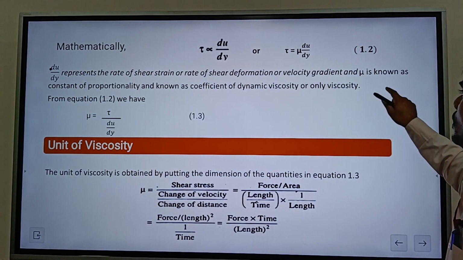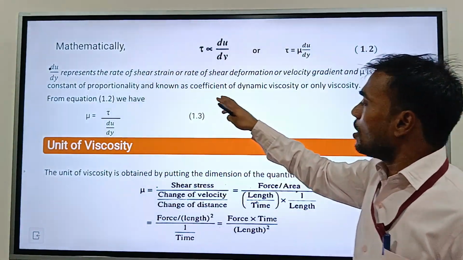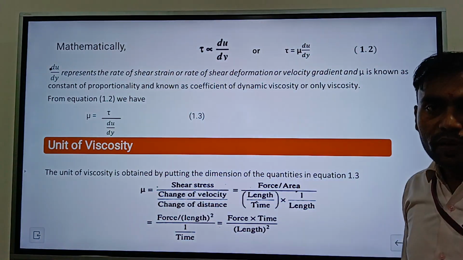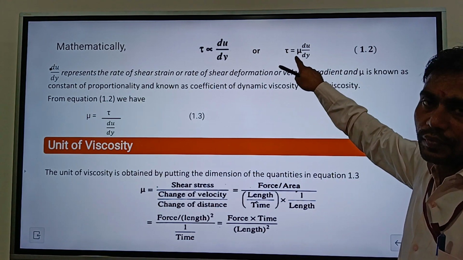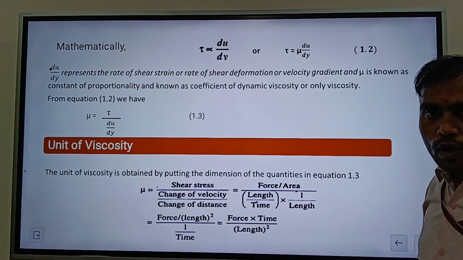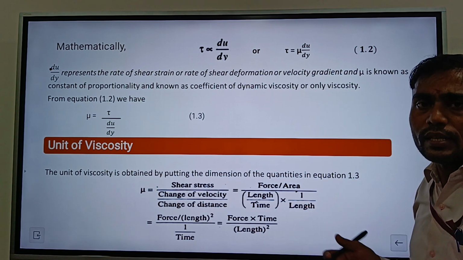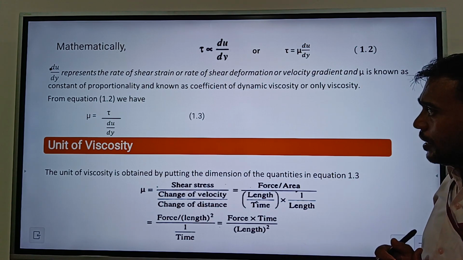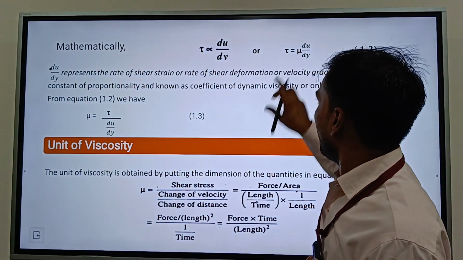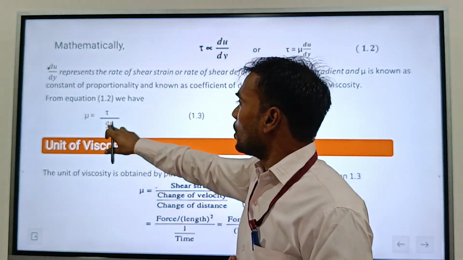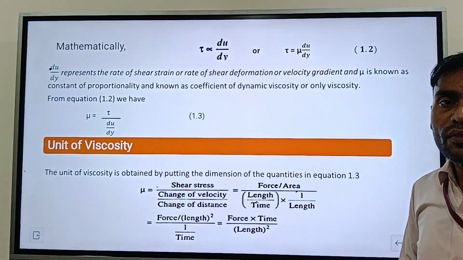And mu is known as the constant of proportionality, and it is also known as the coefficient of dynamic viscosity, or in simplified form we can just call it viscosity. So from equation 1.2, mu can be written as tau divided by du by dy.